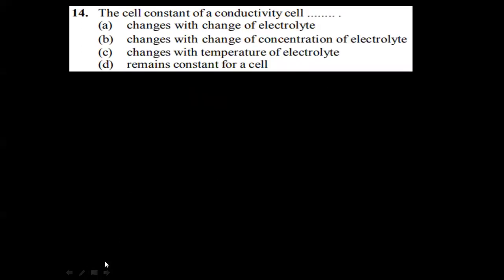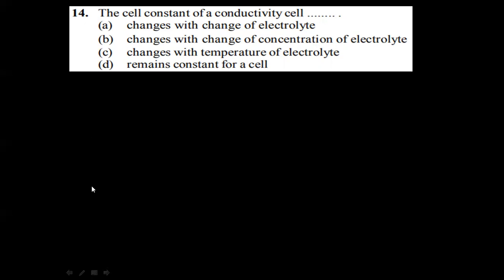Question 14, the cell constant of a conductivity cell. Options: changes with the change of electrolyte, changes with change of concentration of electrolyte, changes with the temperature of electrolyte, and remains constant for a cell.